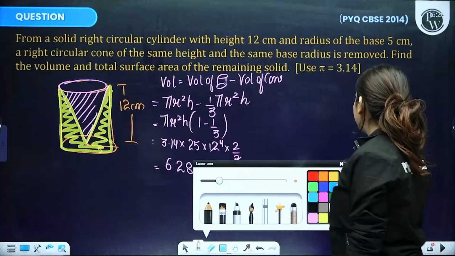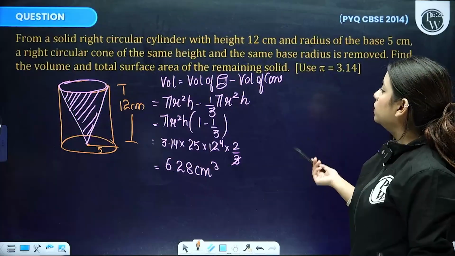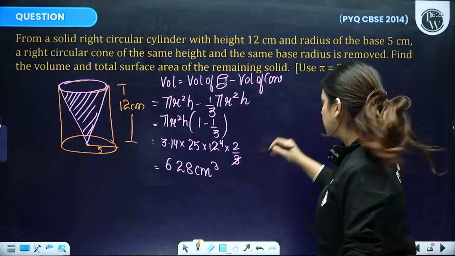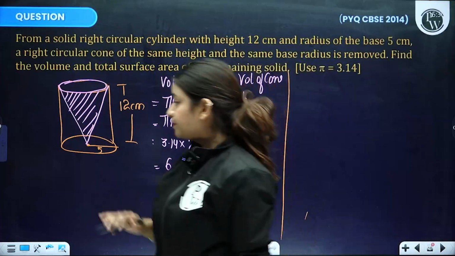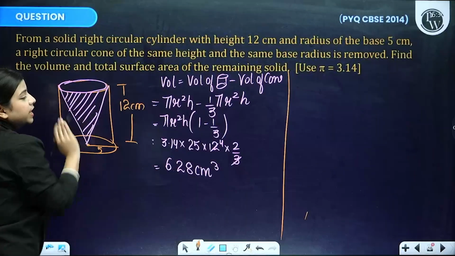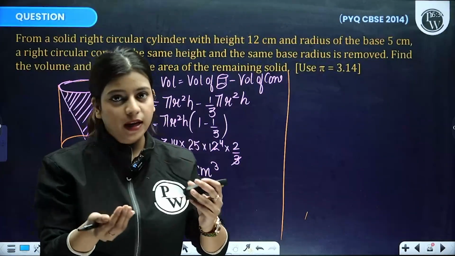Okay. The next thing they have asked to find is, let's see, they want to know the total surface area of the remaining solid. So the total surface area of the remaining solid will be what, people? First of all, see the curved surface area of cone, because if the depression is made, the area has to be taken in, right?